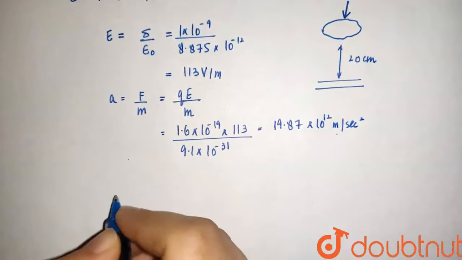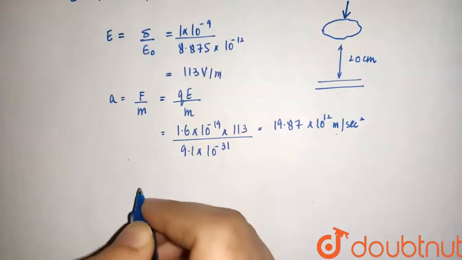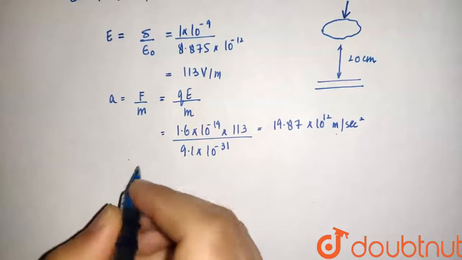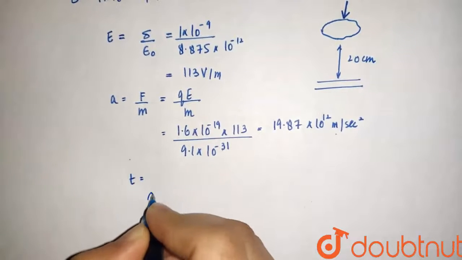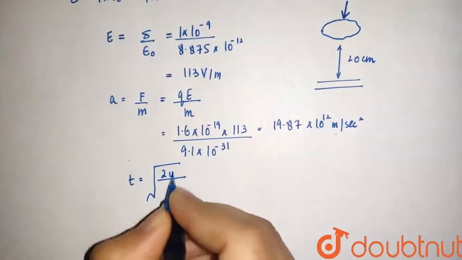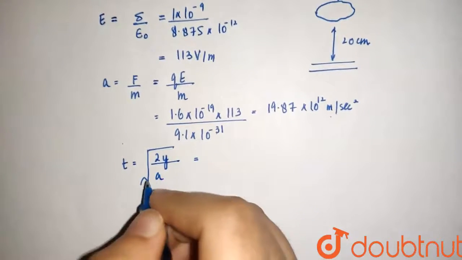So for time we can simply use S is equal to ut plus half of at square, and initial velocity here is 0, and we can write it as t is equal to root of 2y by a. Y is the displacement and a is the acceleration, because the ut term becomes 0.